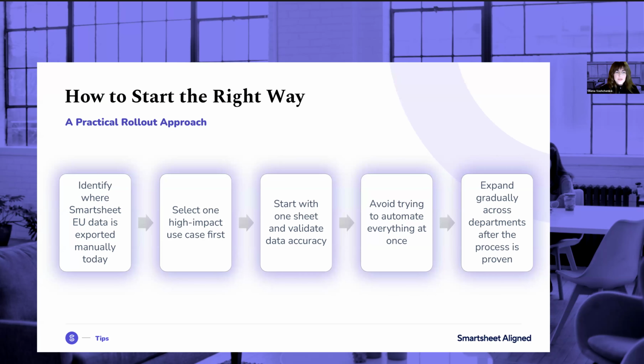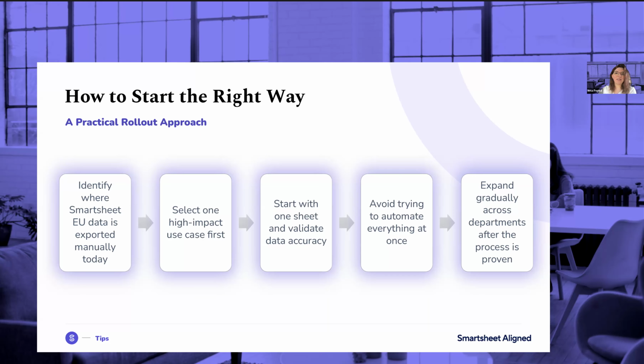What about best practices? We believe small steps lead to big results. That's why we suggest you start with a single process, evaluate where you enter data manually and where it can possibly be automated. Select a high impact case and start with one sheet.